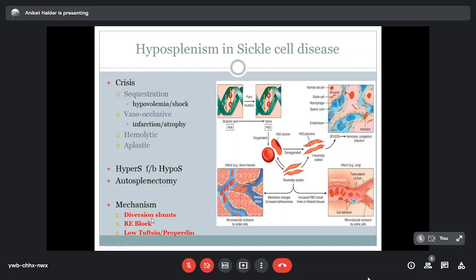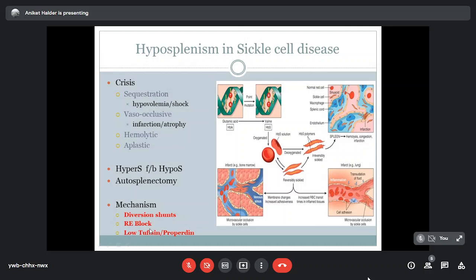As I had said, there is infarction of the splenic vasculature, and there will be formation of different shunts, and there will be reticuloendothelial block. The reticuloendothelial block occurs because there will be increased trapping of the sickle cells in the spleen. They will be entrapped in the splenic cords and the macrophages.